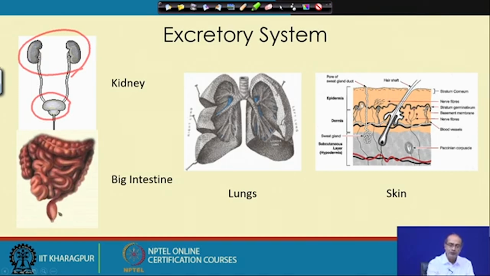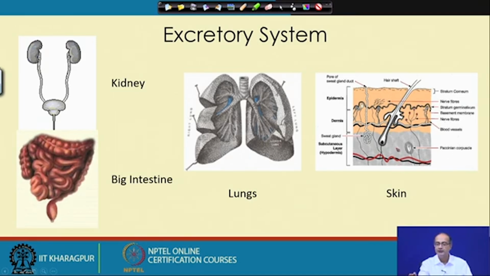Next, I told about the big intestine, which also helps us to get rid of the roughage. Another important thing which looks very small is the skin. It has some pores, especially where the hairs are, and there are sweat glands, which help to put some water out.